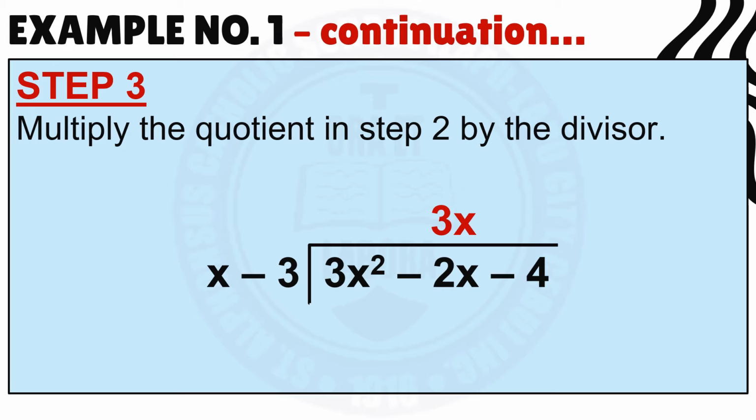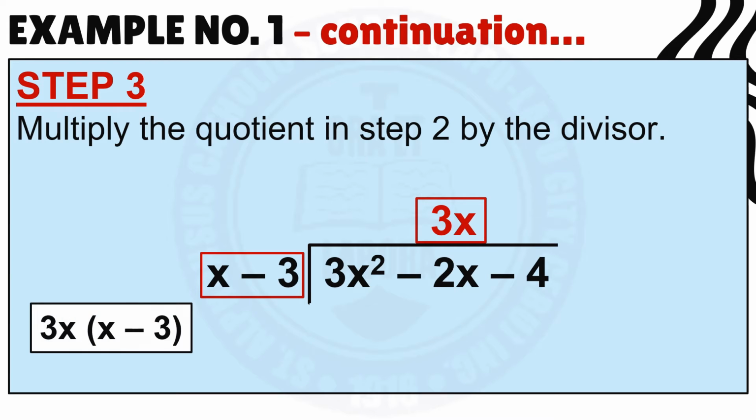Step 3. Multiply the quotient in step 2 by the divisor. So we have here 3x times the quantity x minus 3. Apply the distributive property of multiplication. So 3x times x, we have here 3x squared. 3x times negative 3, we have here negative 9x.